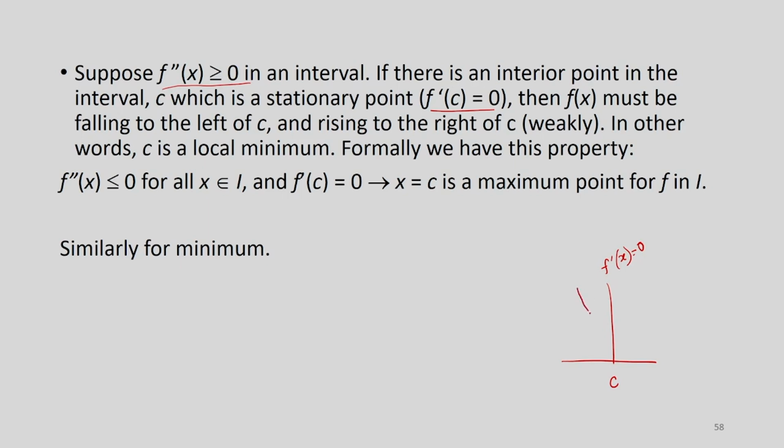That means the function will have a shape like this. It is falling to the left of C and rising to the right of C. In other words, C is a local minimum, and we can state this formally as follows: if f double dashed of x is less than 0 for all x in an interval I, and f dashed of C is equal to 0, that implies x is equal to C is a maximum point for f in I. All right, and similarly for a minimum point.